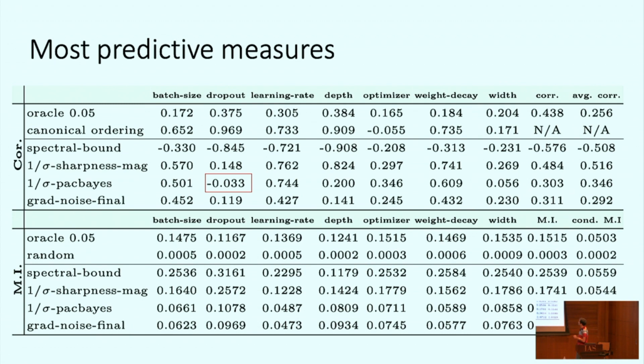But the rest of them are consistently correlated. And one other thing, again, looking at the difference between conditioning and not conditioning: the spectral bound had high mutual information, but when we conditioned, it was much lower. But the amount of drop in sharpness was much less than for the spectral bound.